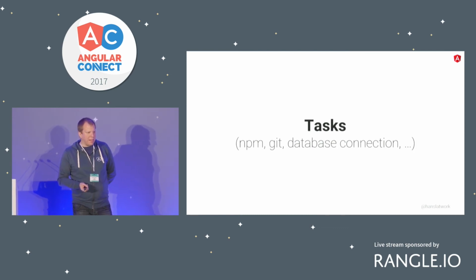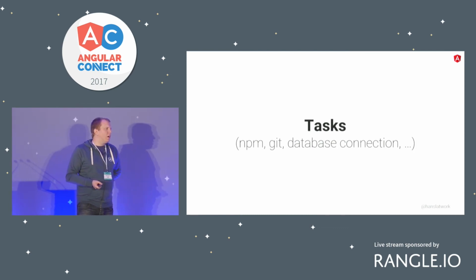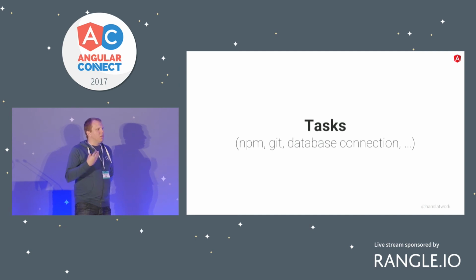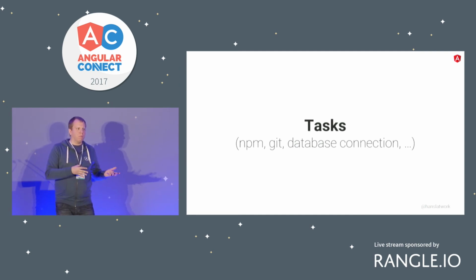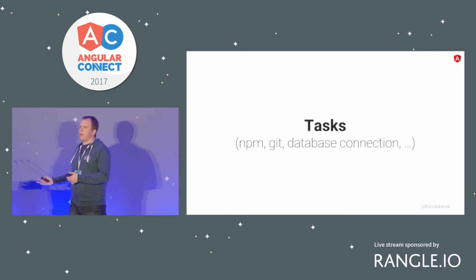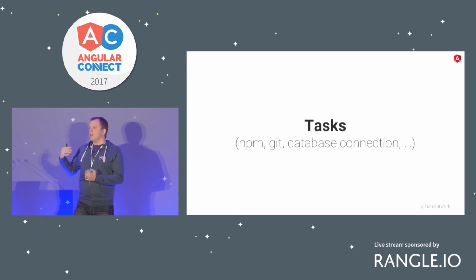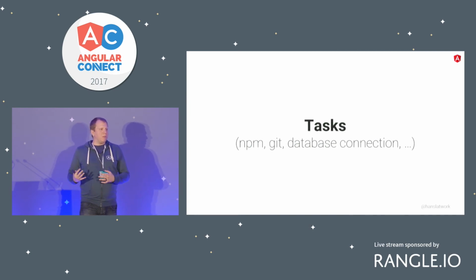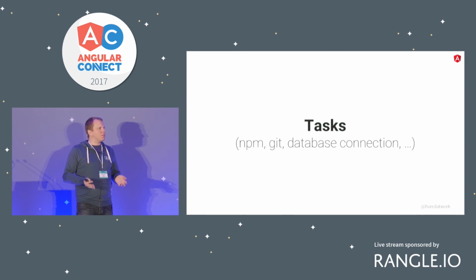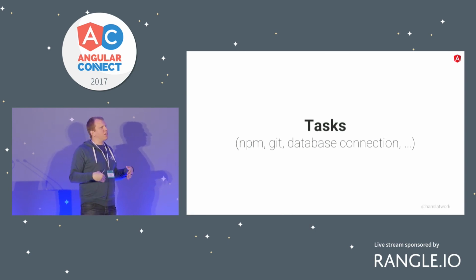Also, we want to add tasks. So one of the big problems currently is that schematics have no side effects, which is a huge pro, but also a huge con. And what we want is to allow you to use NPM or your package manager, so that you just say, I want to run the install command on my package manager because I changed package.json.